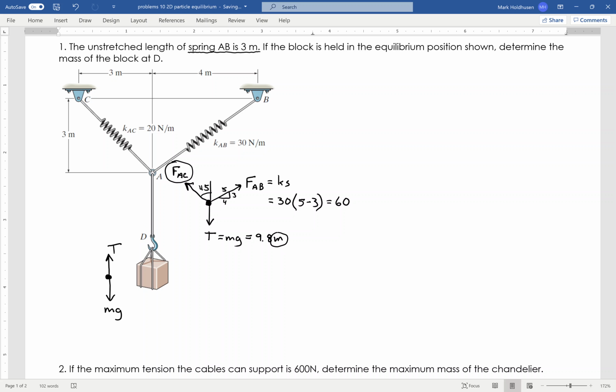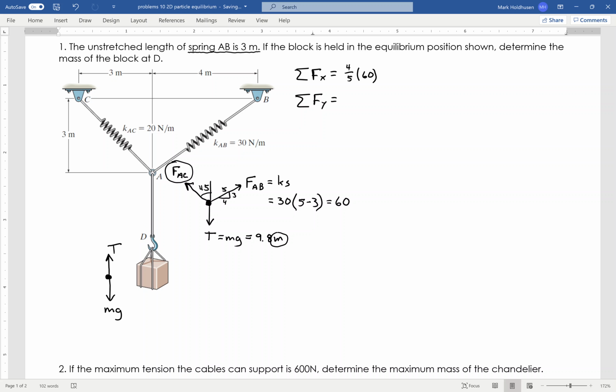Now, fortunately, I'm going to have two equations to solve that, and those equations for equilibrium, which this is in, are the sum of the forces in the x equals 0 and the sum of the forces in the y direction equals 0. So I'm going to use my free body diagram that I drew here to figure out what the force is in the x direction. So we'll start with my known force of 60. In the horizontal that I'm interested in, that relates to the 4, so that's going to be 4/5 times 60.